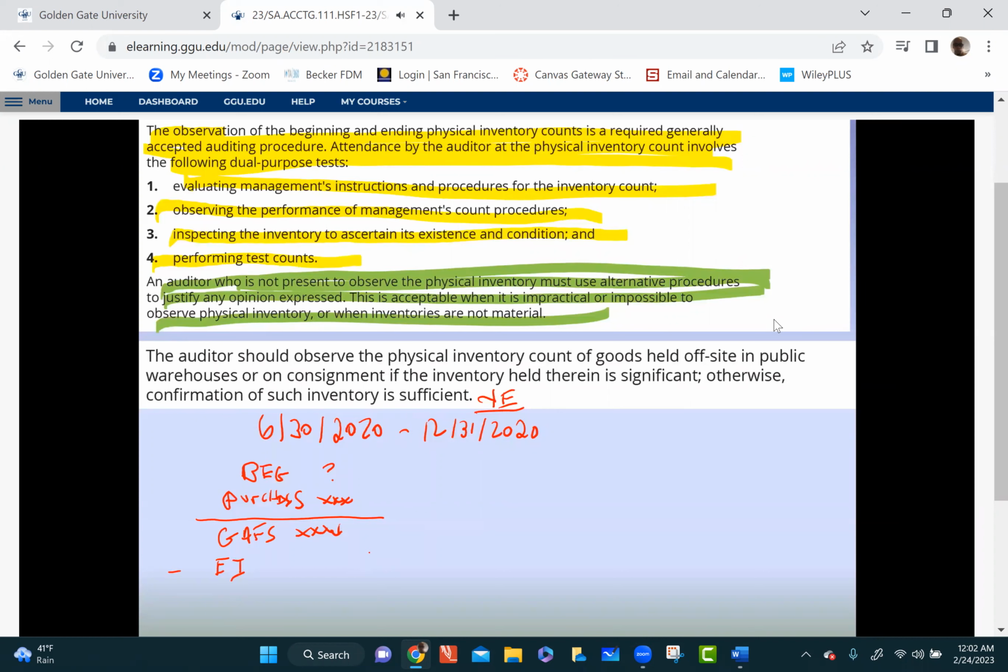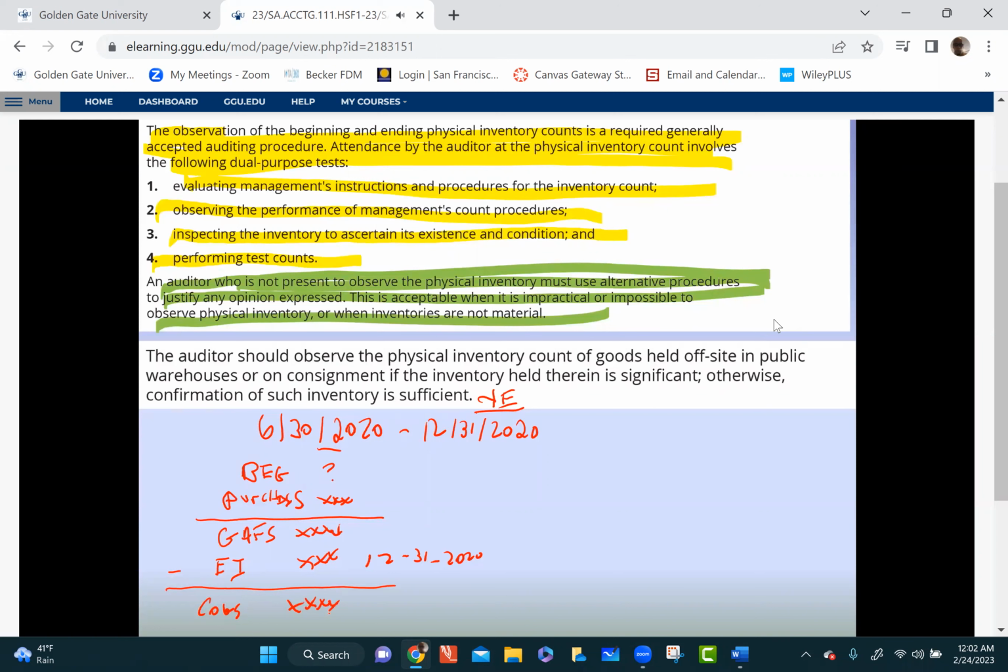Yes, that's going to be taken at 12/31/2020, so you'd be able to observe that. So you could get some satisfaction with the ending inventory. But now goods available for sale minus ending inventory gives you cost of goods sold. So you're probably going to have a problem with the cost of goods sold.